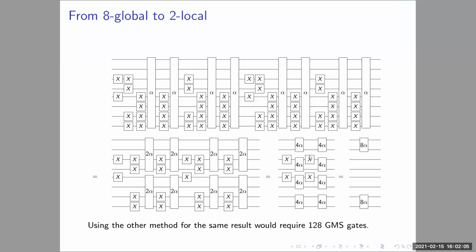Sorry, I've got another question. In this example you're finally realizing gates with phase 8 alpha, but you had to start out with phase alpha, and presumably as the circuit gets bigger, that cost also increases. Was it the same in the previous case, where you also have this increasing accuracy you need in the phases?